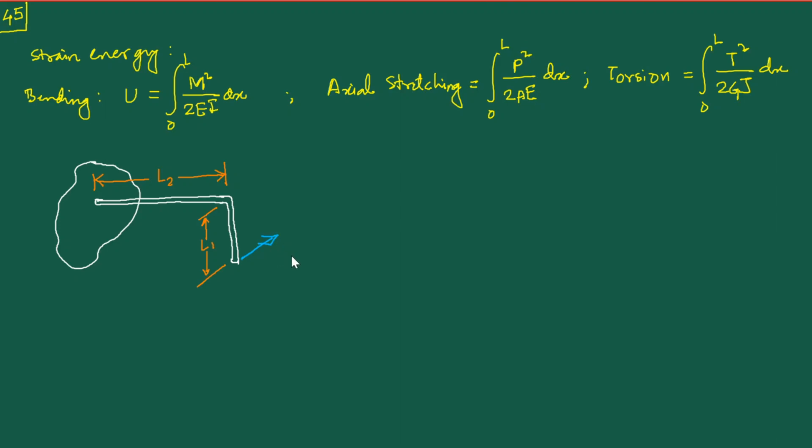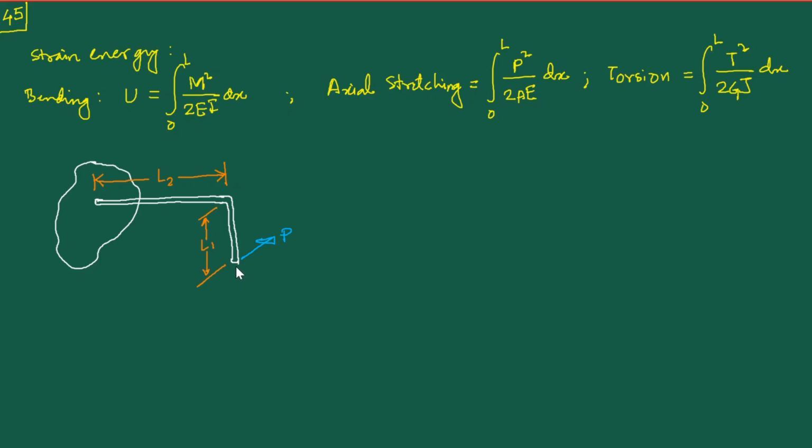Let me redraw that. This is the force P, the point force P acting at this end. So very quickly you note that, and we will go into the details of the calculation.